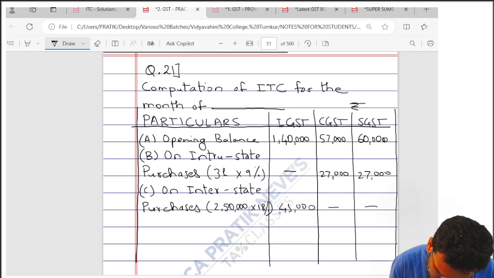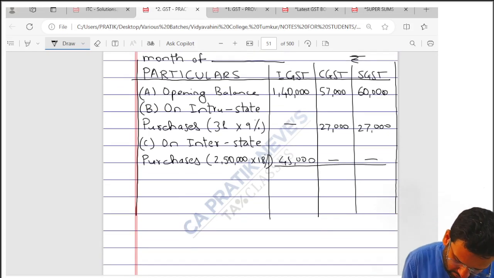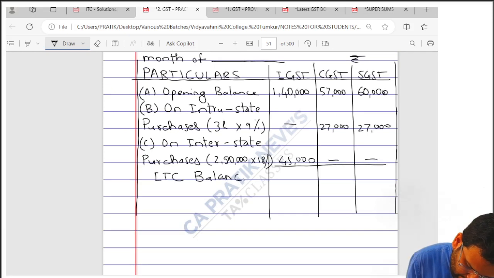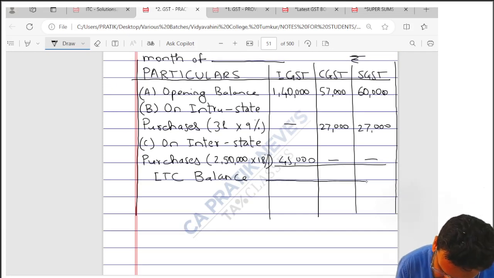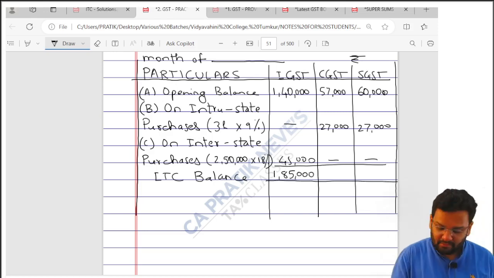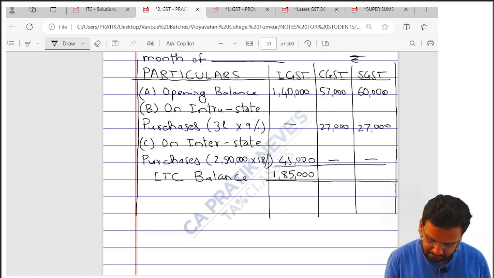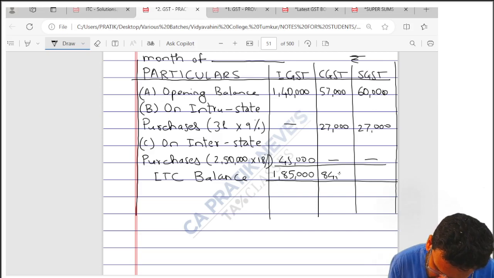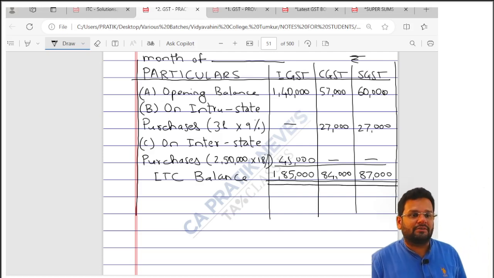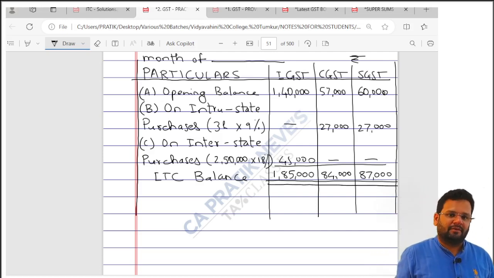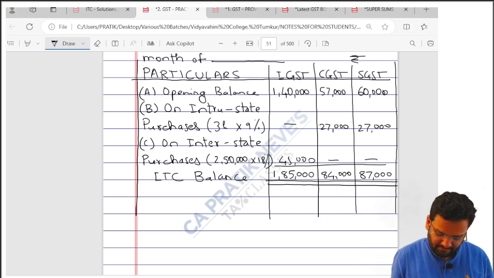So all of you must have got ITC balance as 1,85,000, then 84,000 and 87,000. How many of you got this correct? All of you got it. Very good.